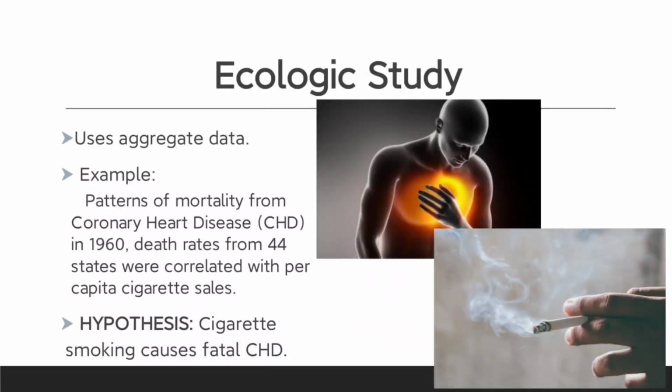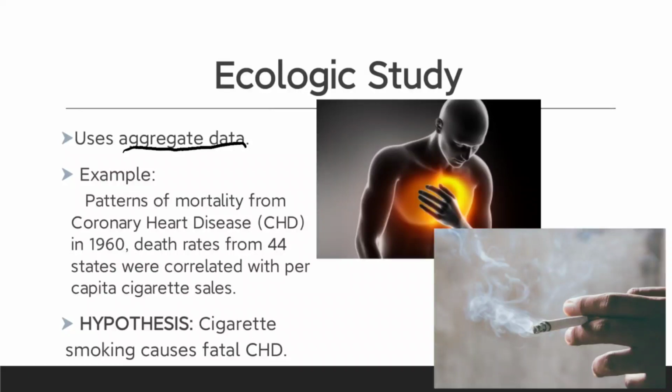Ecologic study measures that represent characteristics of entire populations are used to describe disease in relation to some factor of interest such as age, calendar time, utilization of health services, or consumption of food, medication, or other products. So, basically, it uses what we call aggregate data. Okay, ayan. Ecologic study uses aggregate data.